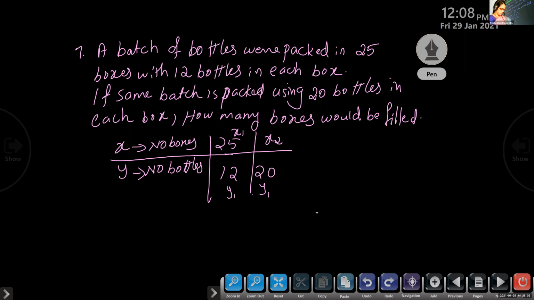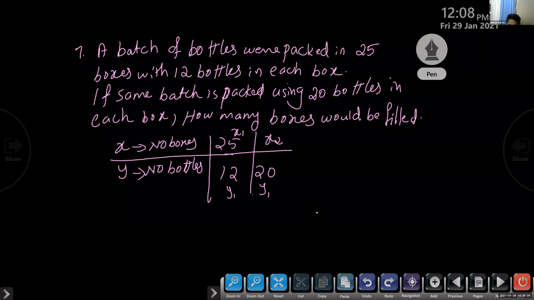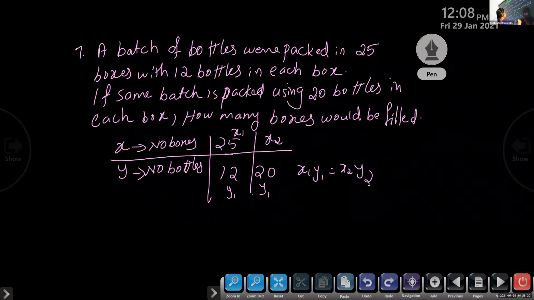Ma'am, 15 boxes. 15. Correct. So here X and Y are in inverse proportion. We can write X1 Y1 equals X2 Y2. So 25 into 12 equals X2 into 20.